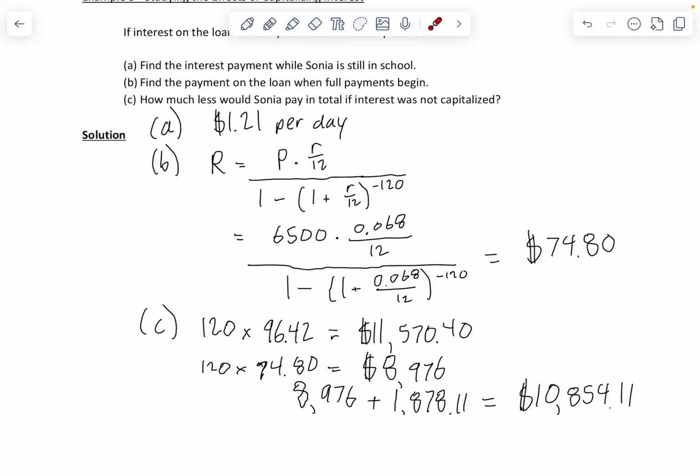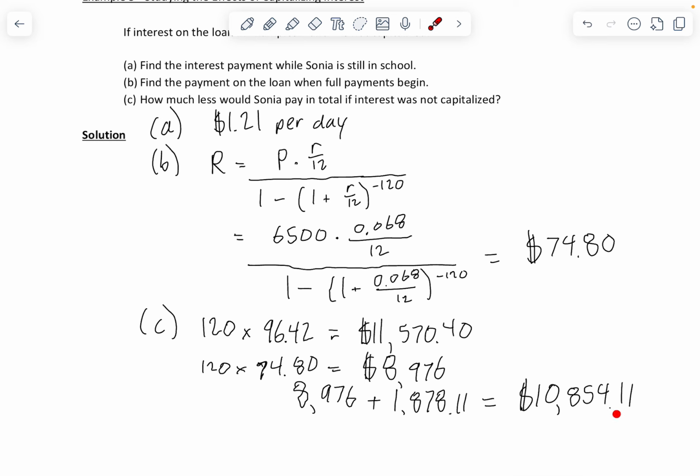So the two numbers we want to compare are this number, the $11,570.40, and this number, the $10,854.11. This number right here is the total amount paid if the loan is capitalized. This is the total amount paid if the loan is not capitalized, okay?